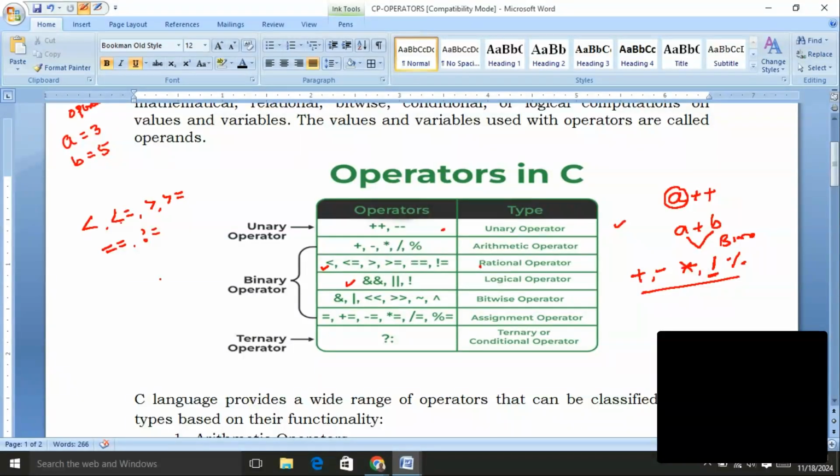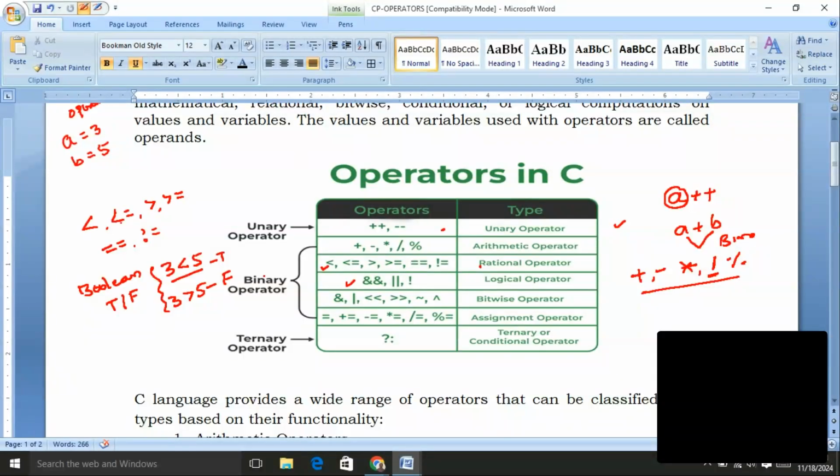Why do we call it Boolean? We know that in basic mathematics also, true and false values are considered Boolean values. For example, 3 less than 5: the result of this logical expression is true. Suppose I write 3 greater than 5: the result of this expression is false. The true and false values are known as Boolean values.